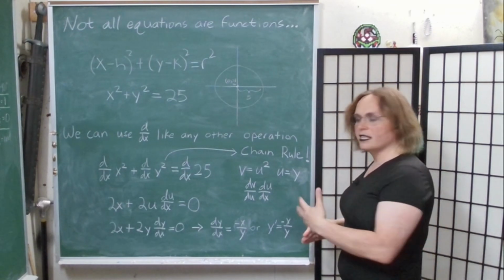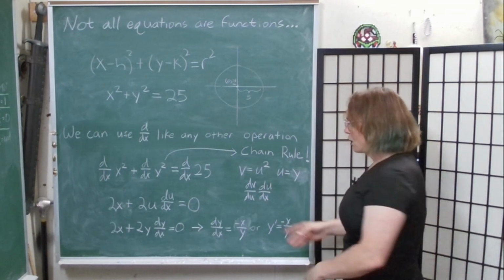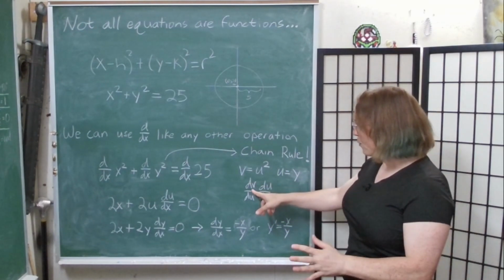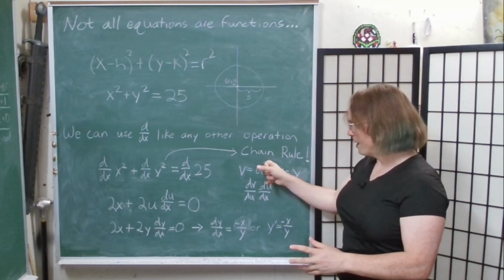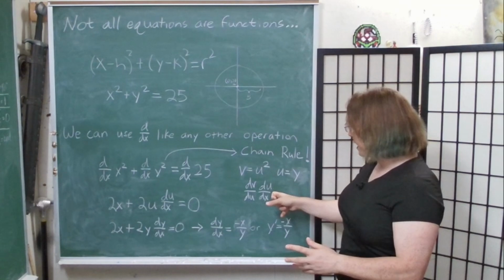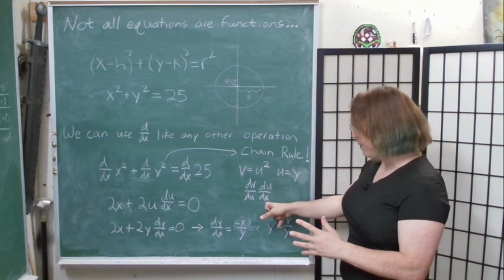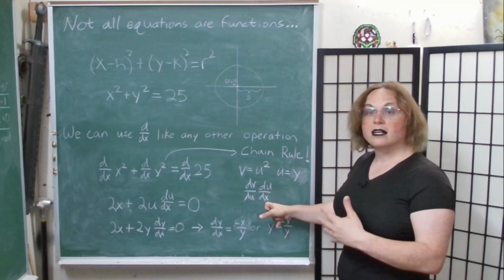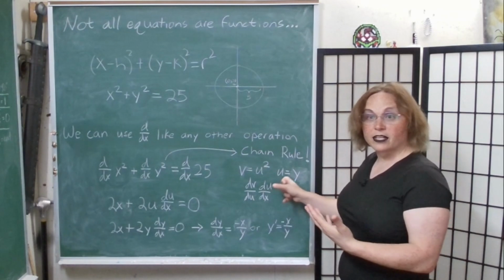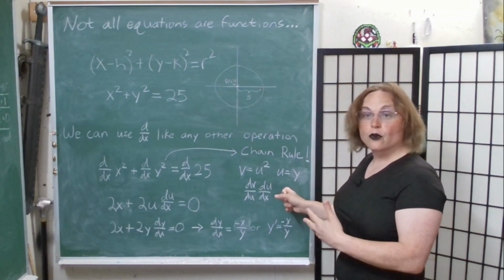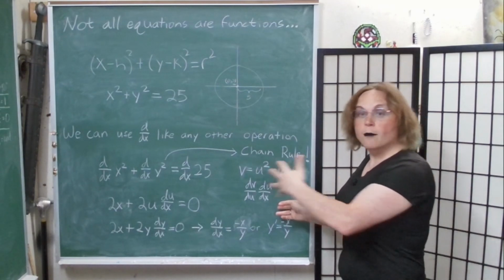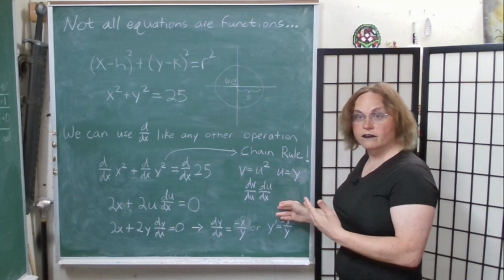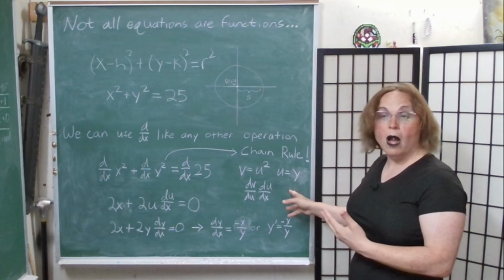So instead, I simply write it this way. I'm going to take the derivative of the function v with respect to u, so that's my u squared, and then I'm going to take the derivative of u with respect to x. But I don't know what u is because there's no x involved, so that's just going to stay as that derivative, okay? And then when I'm done taking all my derivatives, I'm going to replace all the u's with y's.